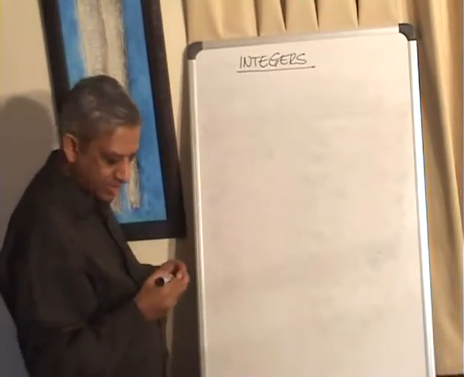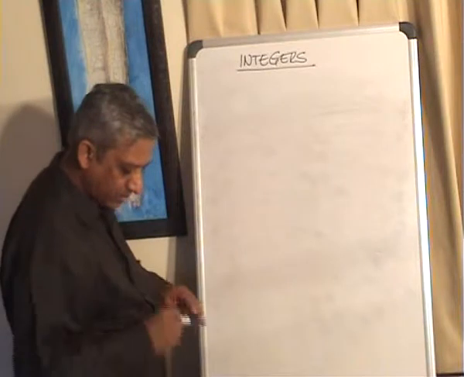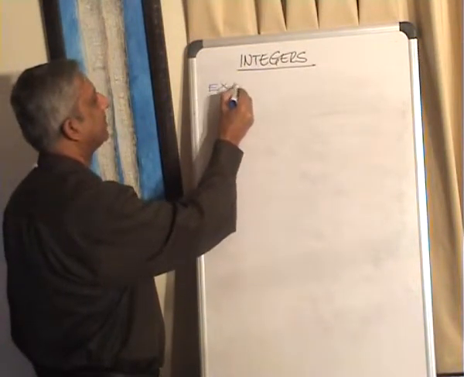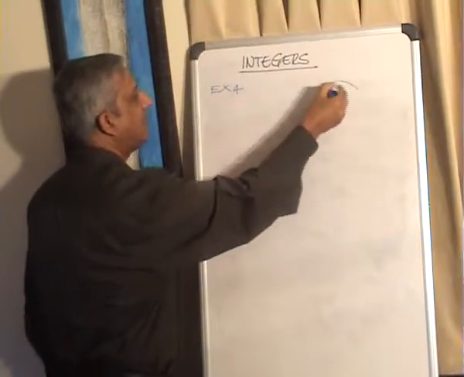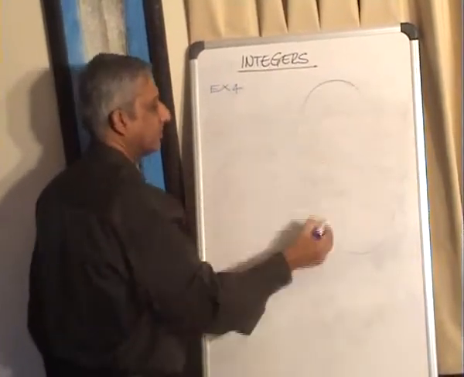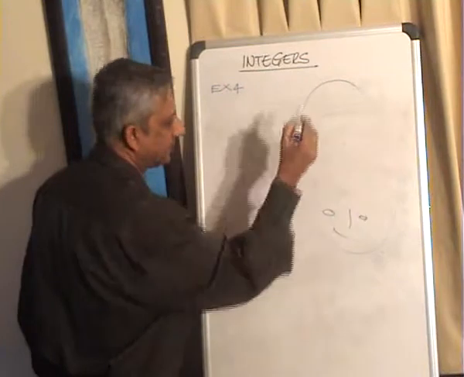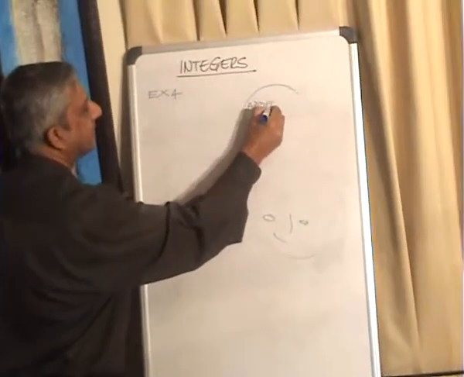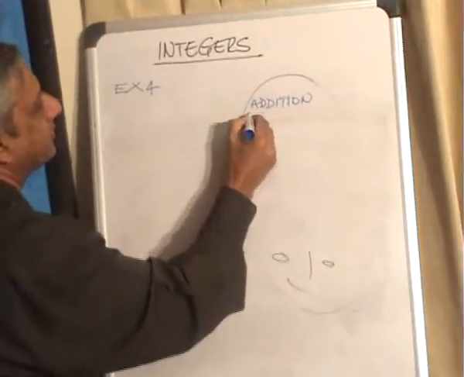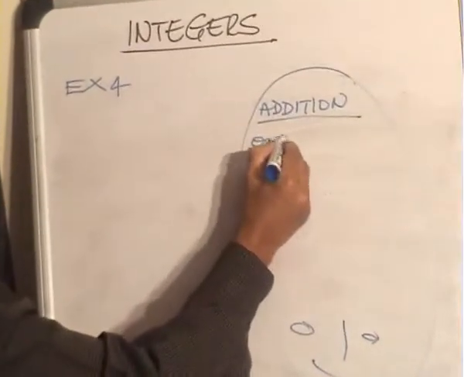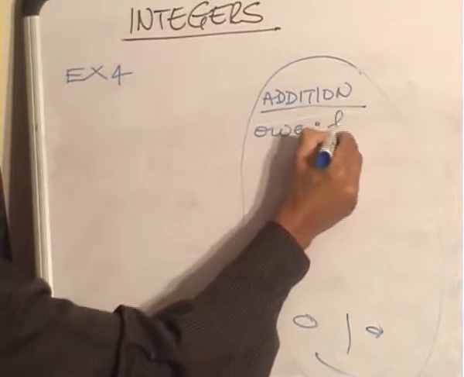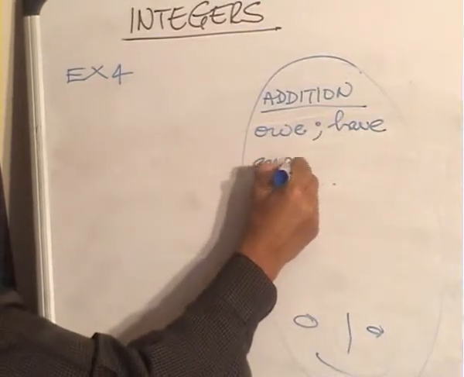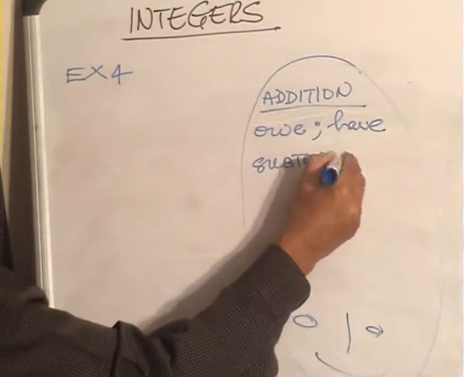Alright, so I hope you did exercise 3 and you got 15 out of 15. Now, before you do exercise 4, you need to be very clear in your mind what is happening. So what have we done? We have done addition. When it comes to addition, you think about O and you think about have. Then we did subtraction.